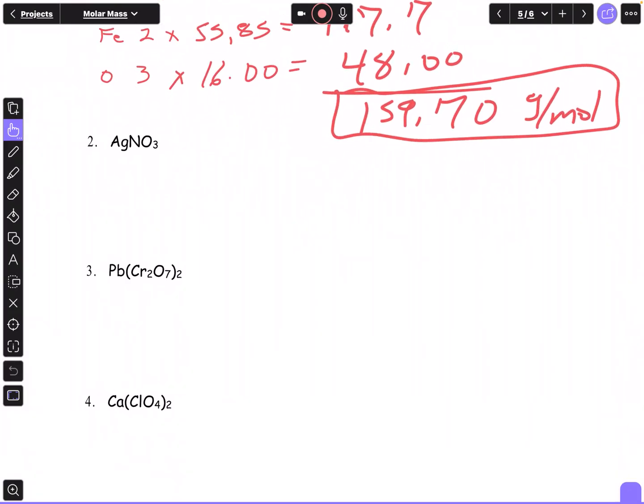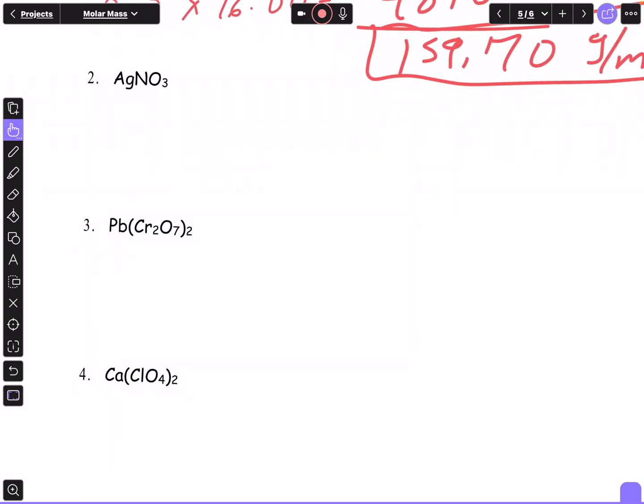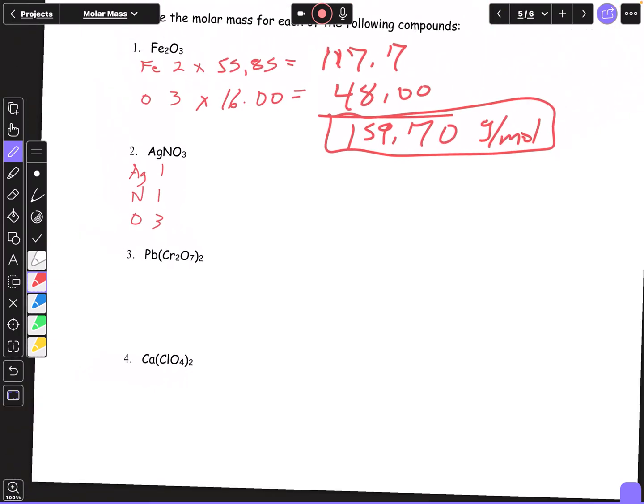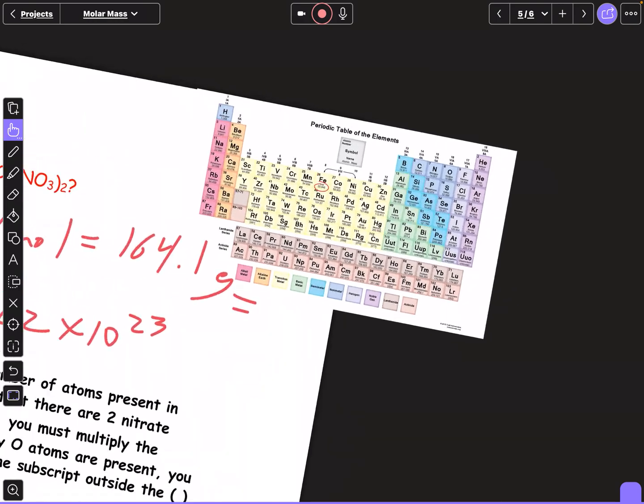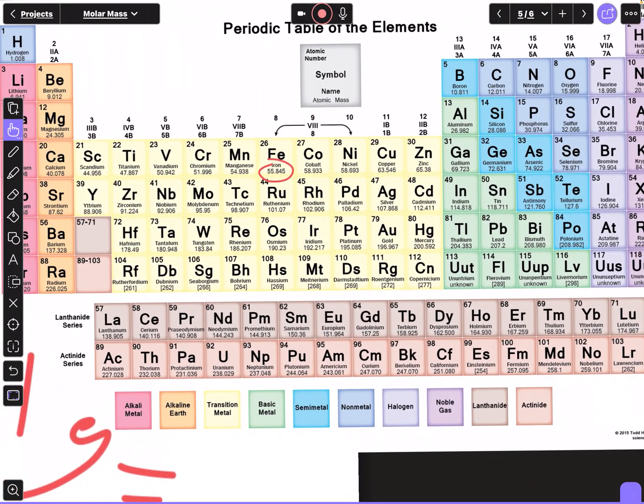Okay, our next example is AgNO3, that is silver nitrate. It's made up of silver, nitrogen, and oxygen. I have 1 silver atom, I have 1 nitrogen, I have 3 oxygens. So I need silver's molar mass, and I look it up and it's 107.87.